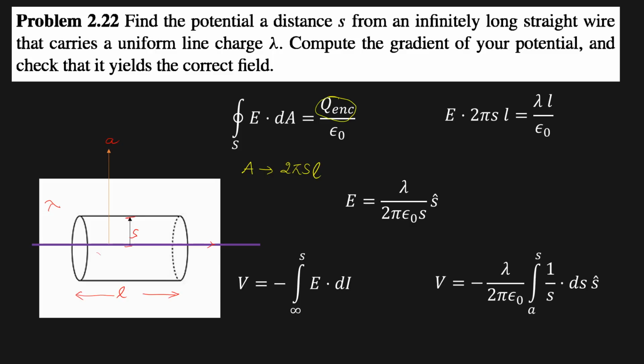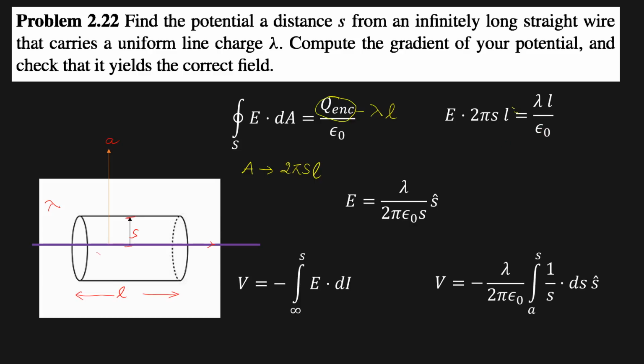Charge enclosed is charge per unit length multiplied by length. Now you replace E dot dA; if you integrate dA, you will get area. That is 2 pi s multiplied by L, which is equal to lambda L over epsilon naught.